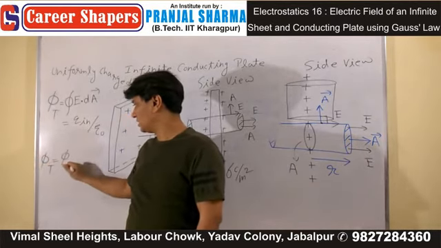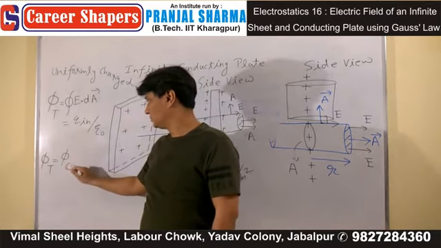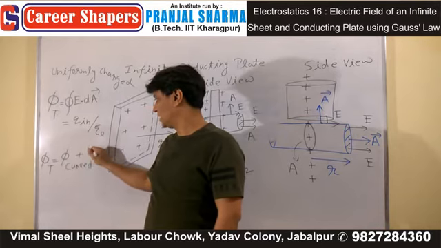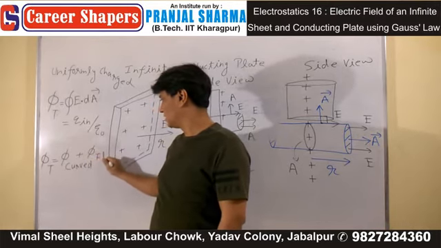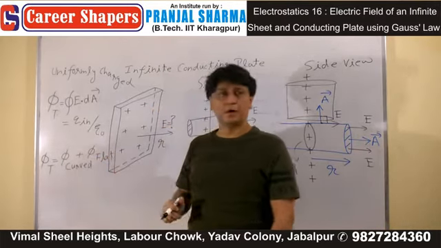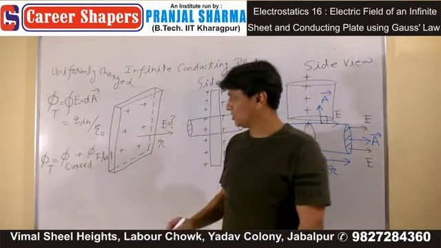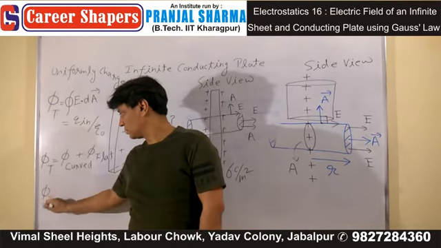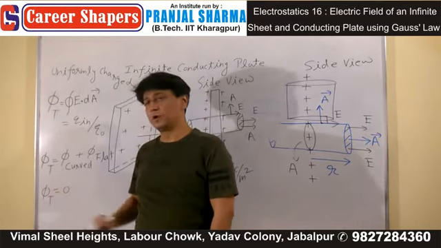And then again the same thing, phi total is what? Phi curve plus phi flat. Curved portion and what? Flat portion. Curved portion, your flux is what? 0.